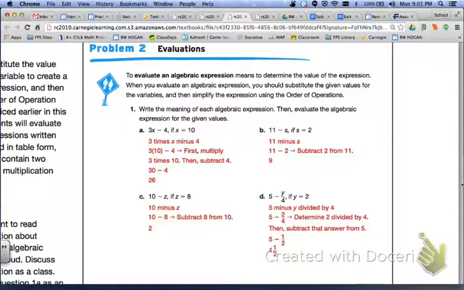For letter B, writing out the meaning, 11 minus s. When we subtract 11 minus 2, we get 9 for our answer. For letter C, t minus z, 10 minus 8 is going to give me 2. And for letter D, 5 minus y divided by 4. When you subtract 1/2 from 5, you get 4.5 for your answer.